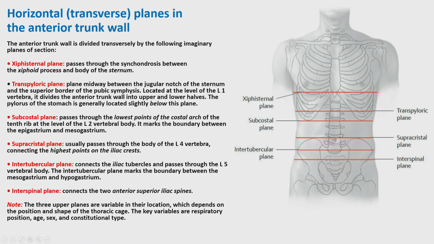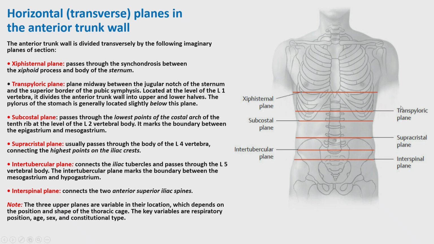We have several horizontal lines, and in different references they take different lines, but the most important of them is the xiphisternal line, which is between the synchondrosis of the body of the sternum and the xiphoid process.